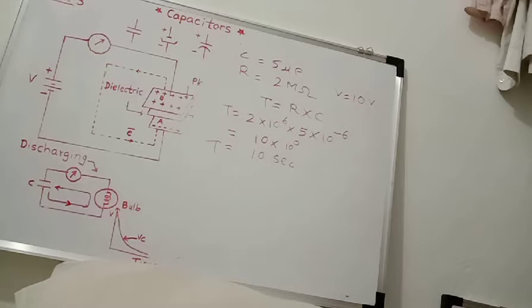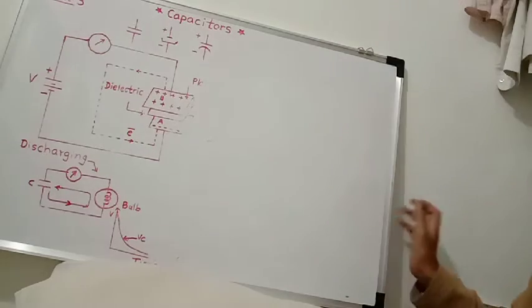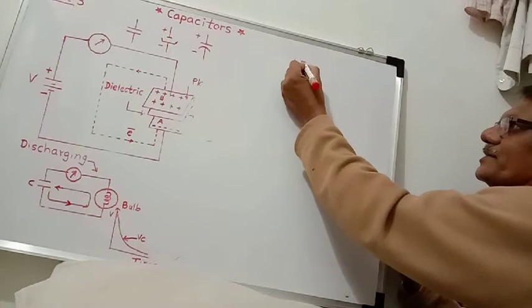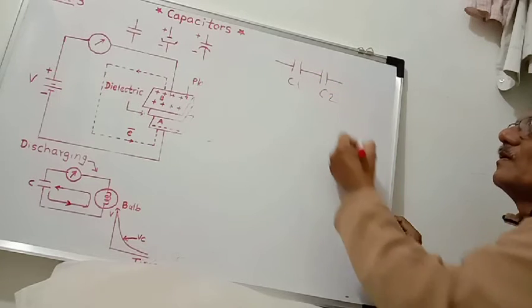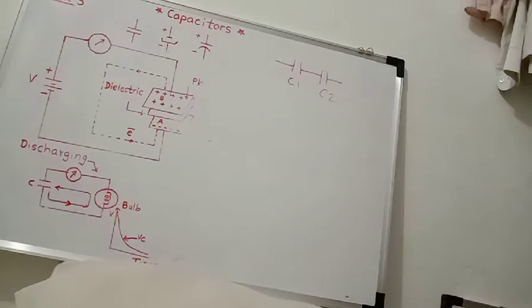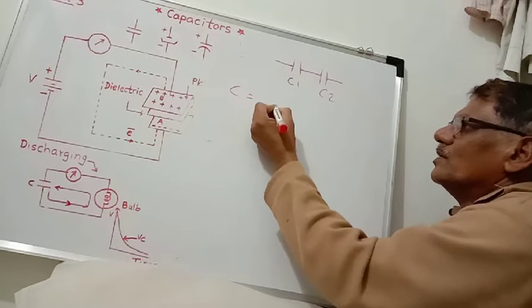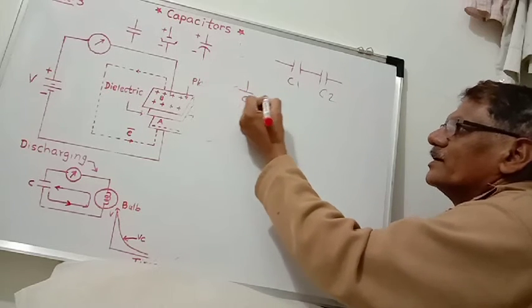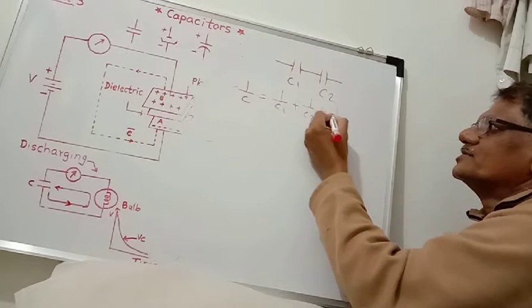Okay, now see capacitors in series. When capacitors are connected in series like this, suppose this is capacitor C1, this is capacitor C2, then its equivalent capacitance is given by 1 upon C is equal to 1 upon C1 plus 1 upon C2 plus 1 upon C3, like this.